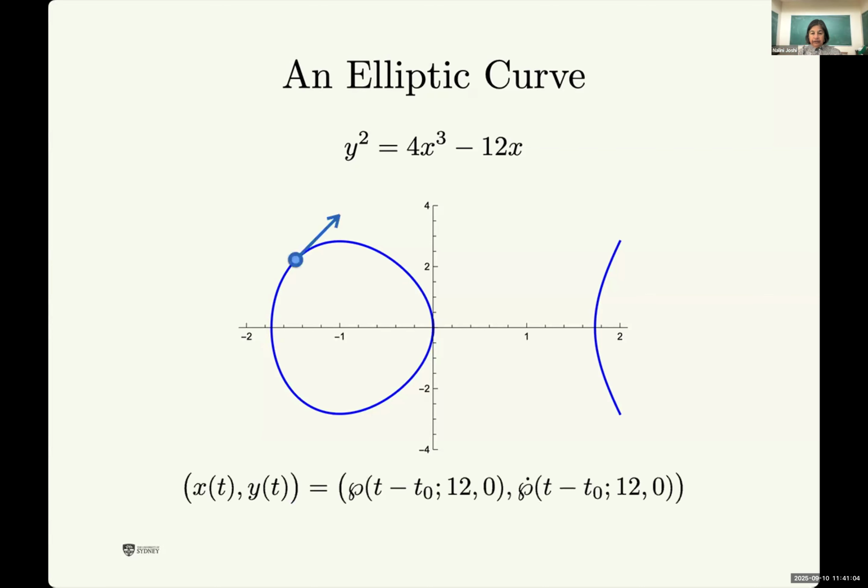If I take any point xy on such a curve, I can now think about writing its parameterization in terms of elliptic functions. I take the canonical curve to be of this form, which means that the parameterization is given in terms of Weierstrass P functions with the usual parameters G2 and G3 associated with the curve being given by 12 and 0 in this particular case.